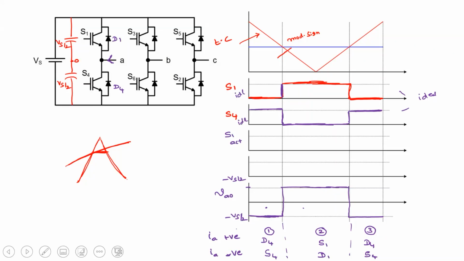So how exactly is this actual pulse? Whenever you have a turn on instant, this is the rising edge, and at this point it is trying to turn on. What we have to do is wait for some time. It is supposed to turn on and rise here, but instead we need to wait for some time.